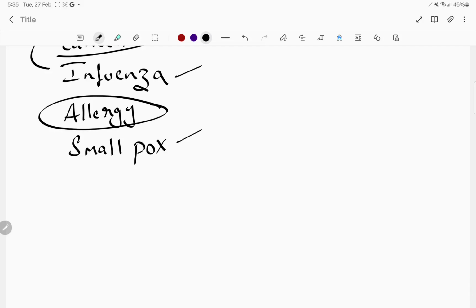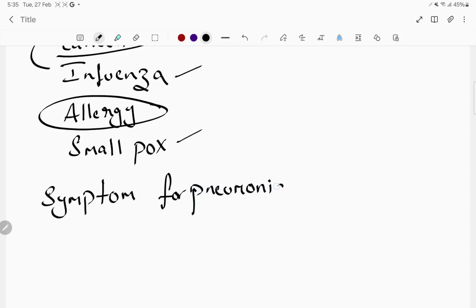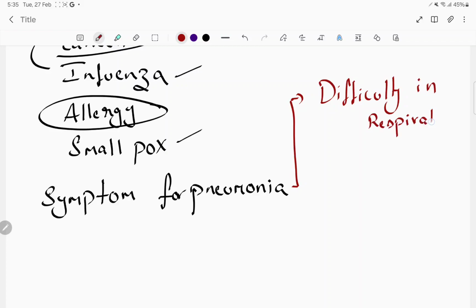So can you find out the symptoms for pneumonia? Difficulty in respiration, chills, cough, headache.